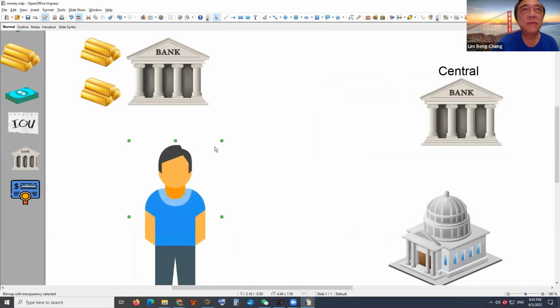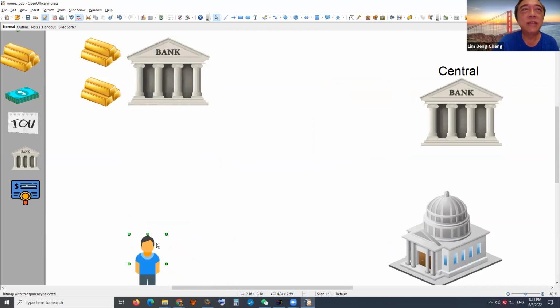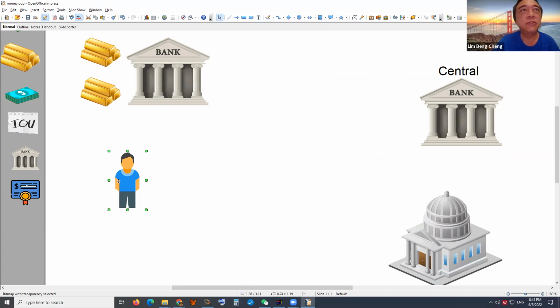Okay, so if the money is circulated among the individuals, then there's no problem of appreciation or depreciation, because it is always within the same environment. But you will get inflation if there is too much money floating around trying to buy things that are limited.